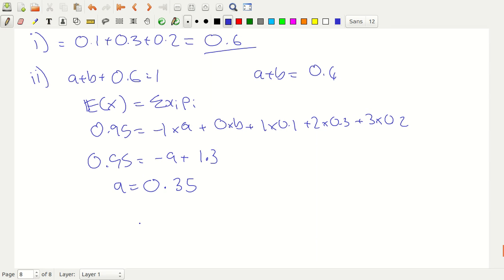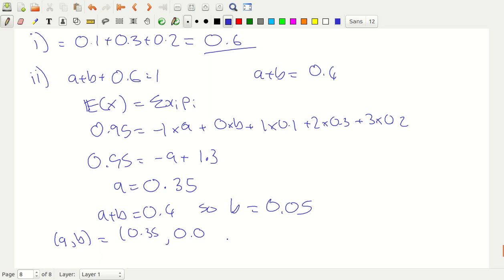It would be totally reasonable to have a question where this second equation from the expectation involved both a and b and you had to solve simultaneously. Technically, I suppose we are still solving simultaneously. a is 0.35 and a plus b is 0.4, so b equals 0.05. I would still be tempted, just force of habit, to write this as a equals 0.35 and b equals 0.05 as my final answer to that part of the question.